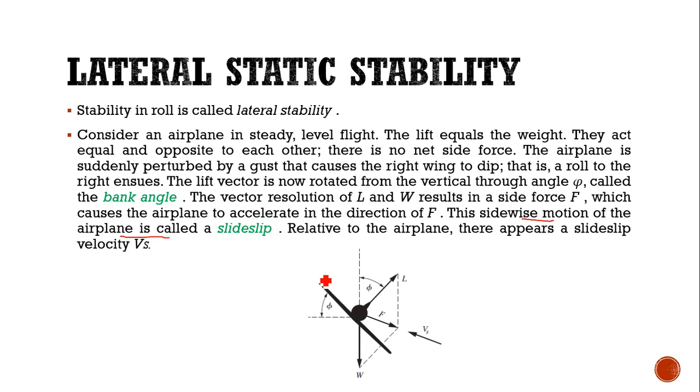For a dihedral wing, the wing will be like this. It is tilted to some angle, that is called the dihedral angle, gamma. So here we have this low wing configuration of airplane.